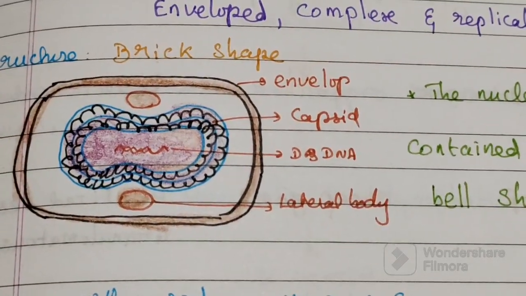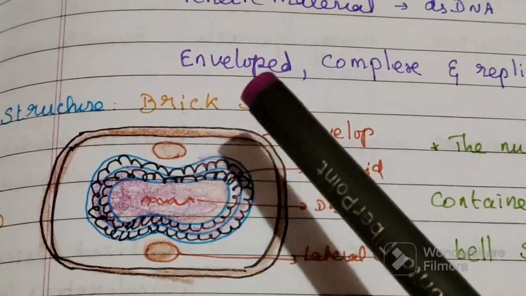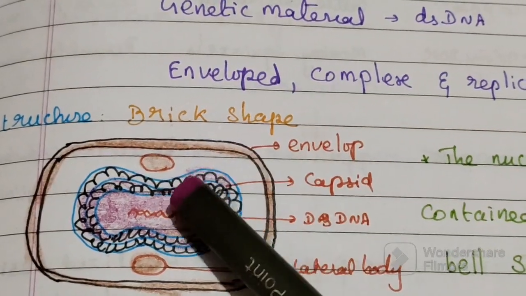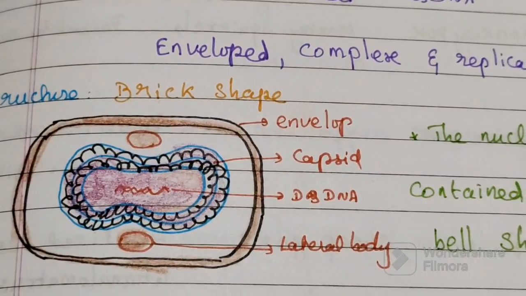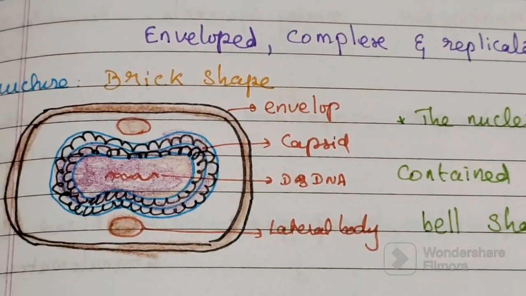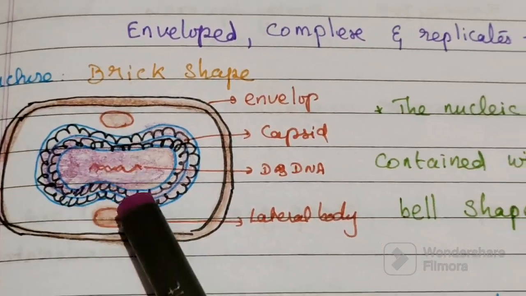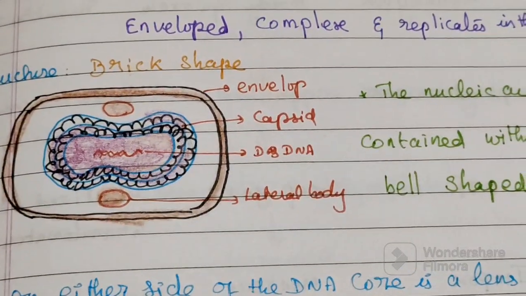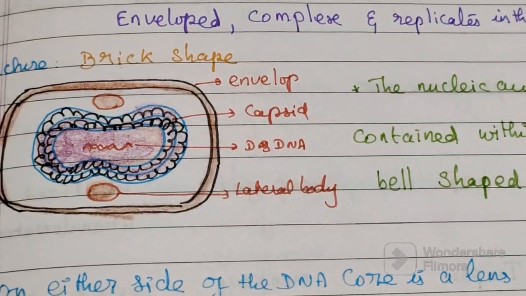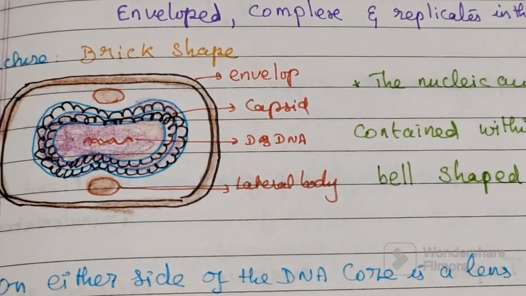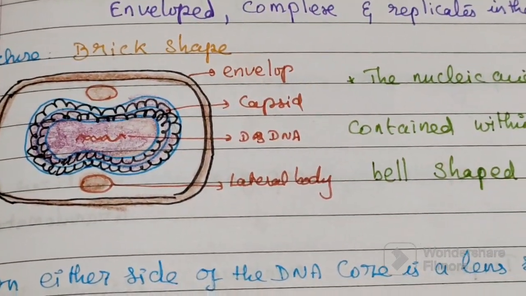Between the capsid and envelope, two lateral bodies are present. The shape of the capsid is dumbbell shape. It is a typical diagram; no other virus has this diagram.